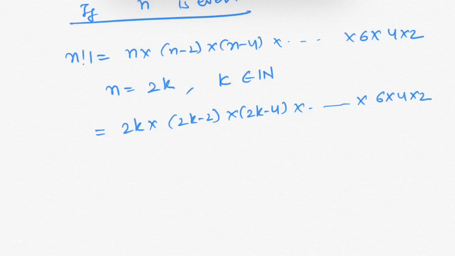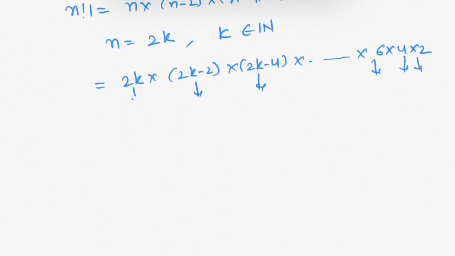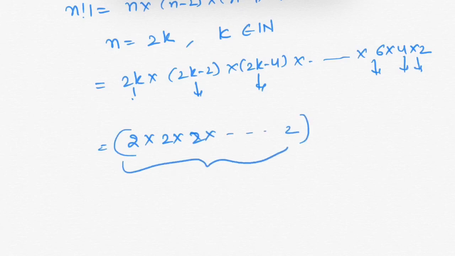Now you can see I can take 2 common from every term. On taking 2 common, we have 2 into 2 into 2 into and so on. There will be n over 2 twos in total.